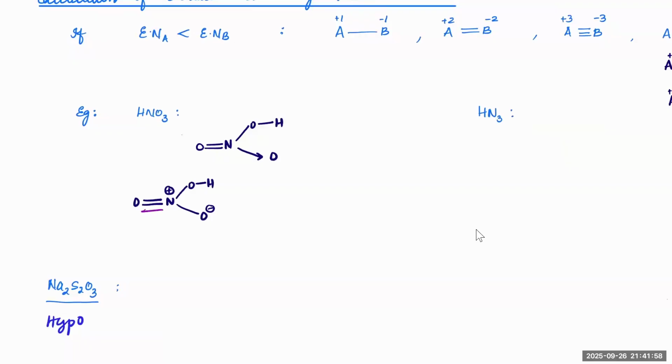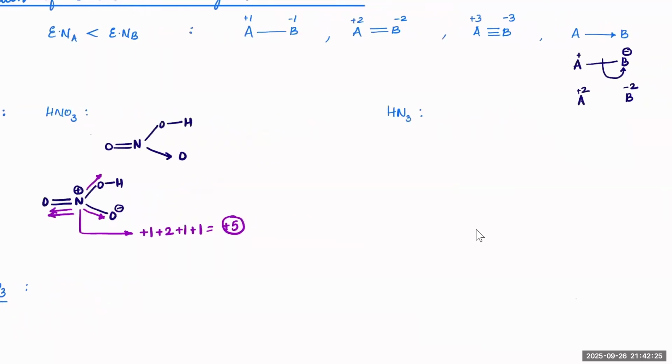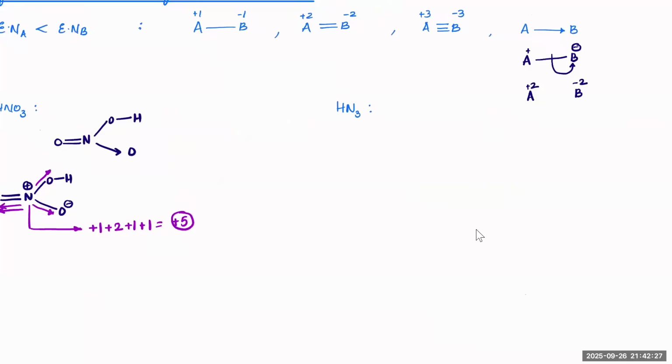So I told you that here there are two electrons being pulled by oxygen, one electron here, one electron here. So now notice the charge on nitrogen here. So nitrogen already has one plus one charge. It is losing two electrons on the left, one above, one below. So that's how it becomes total plus 5 charge. So that is the charge of nitrogen in HNO3. Azide, the N3 minus was azide. If it is with hydrogen, this is called hydrazoic acid.